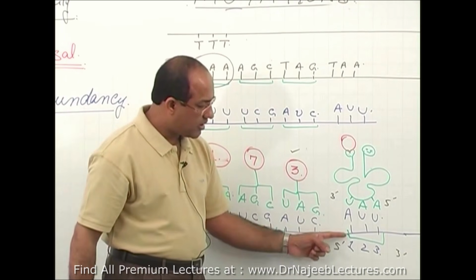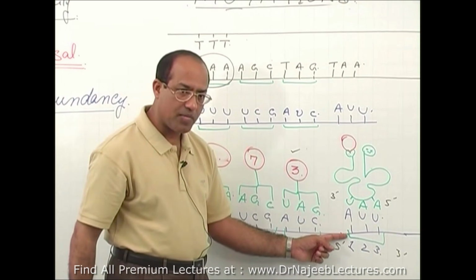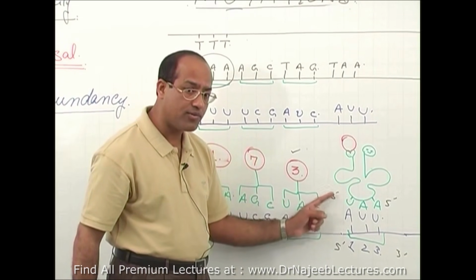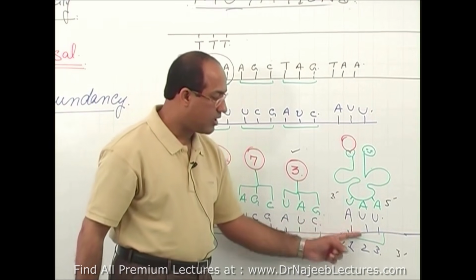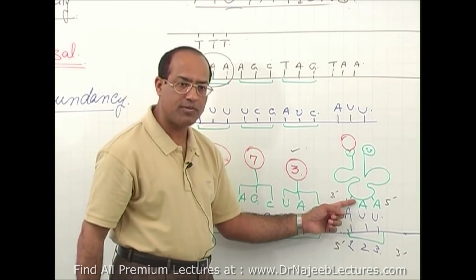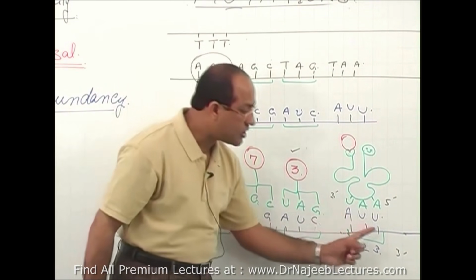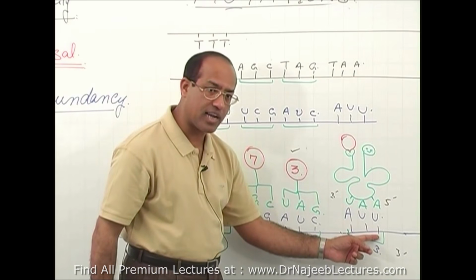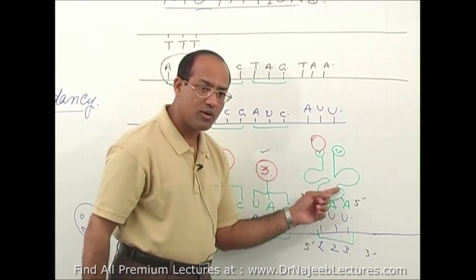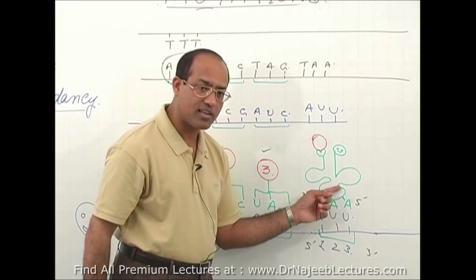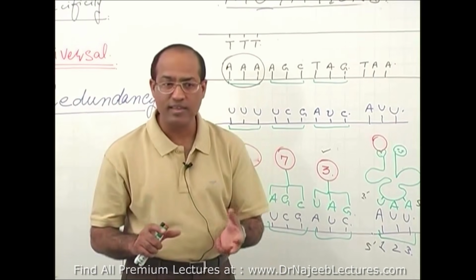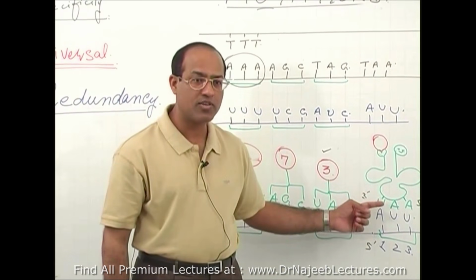In this case, nucleotide number 1 of messenger RNA has to be complementary with nucleotide number 3 of transfer RNA. 2 of messenger RNA must be complementary with the 2 of transfer RNA. 3 of messenger RNA should be ideally complementary with first of transfer RNA. As you know, in real life, ideals are not there, and usually we settle for less than ideal. Same is true about transfer RNA also.